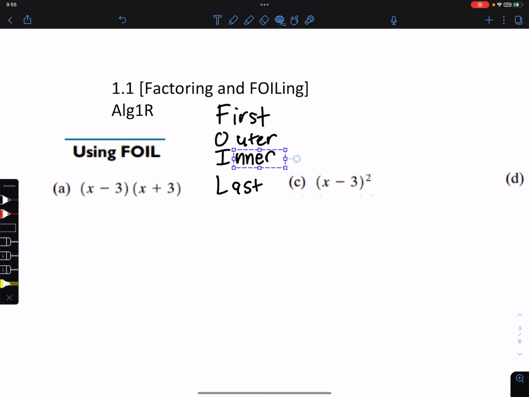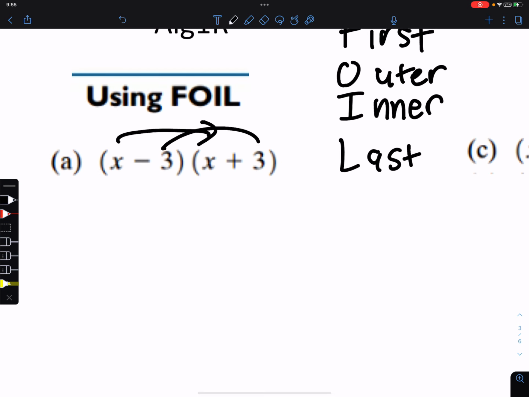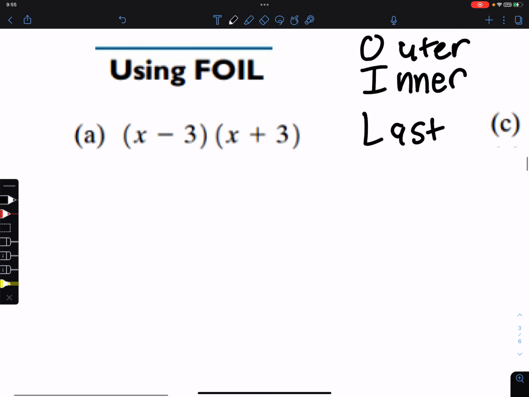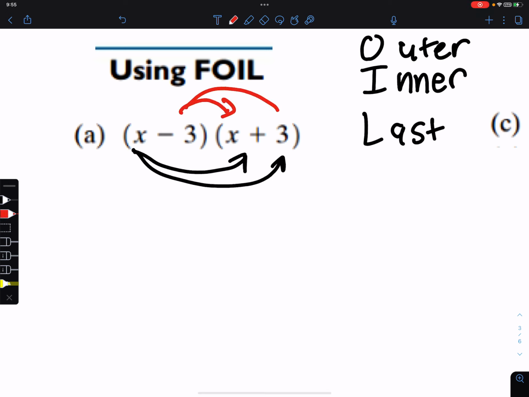But this is pretty useless, as we already know what to do when we have to multiply two things. Okay? We don't really care about this acronym. This is just distributing, but baby terms, right? So let's just go ahead and do it how we did it before. We do the first distribution, and then we do the second distribution.